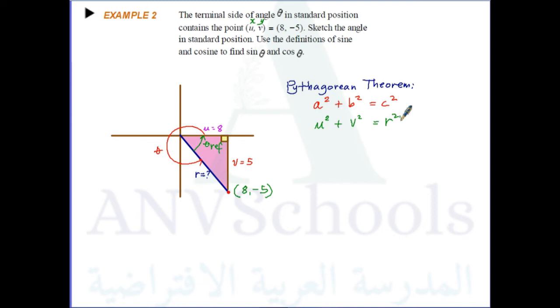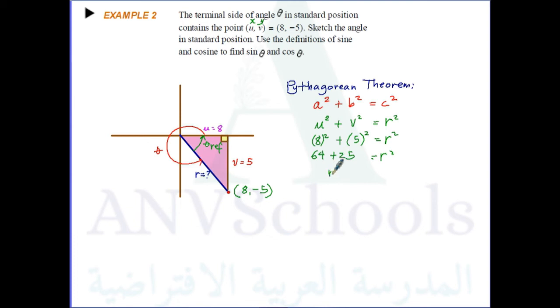And our u is 8, so it's 8 squared plus 5 squared is equal to r squared. And r squared is equal to 64 plus 25.